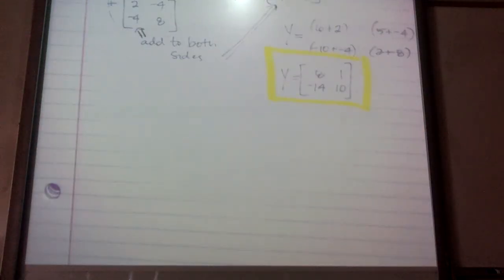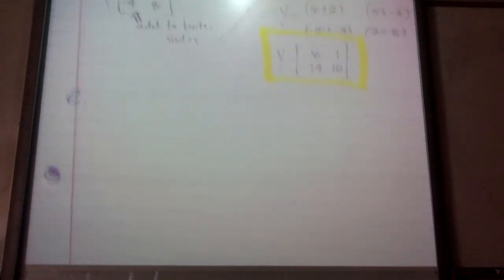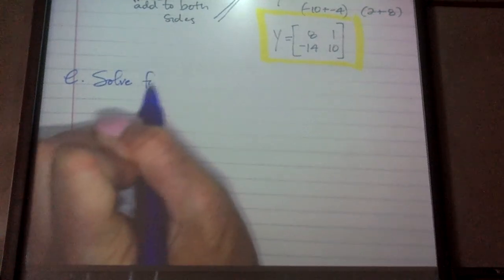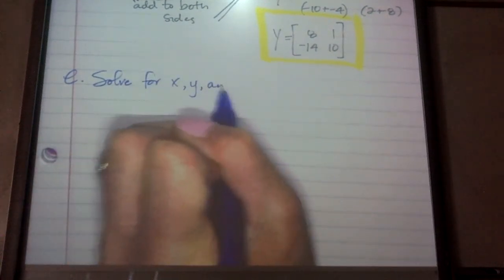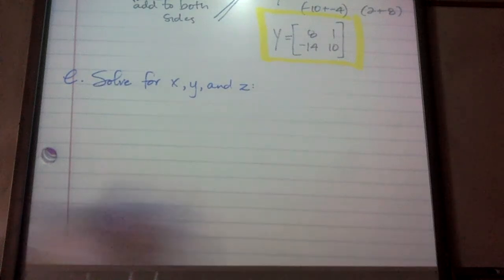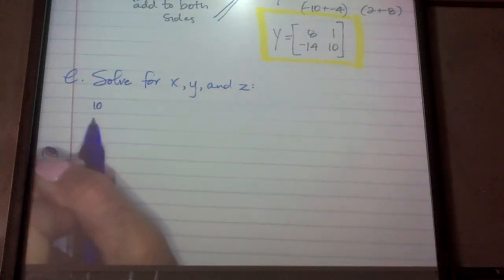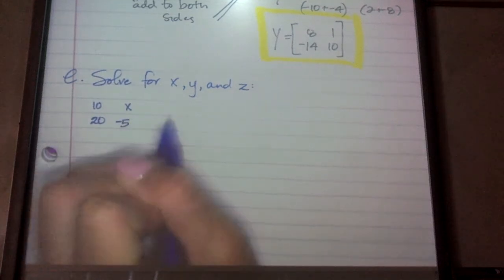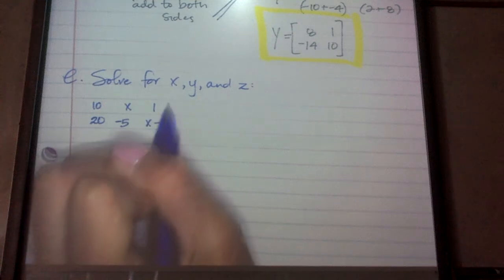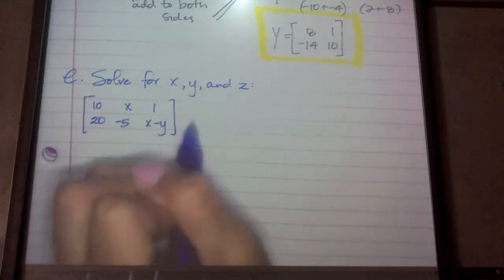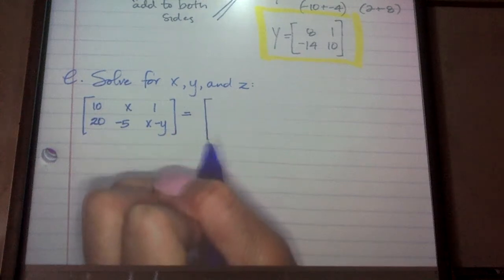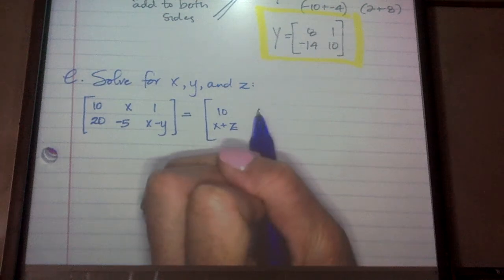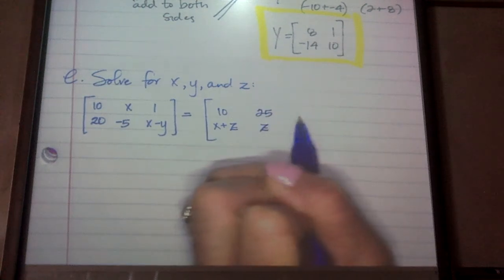All right, last one, because we're going to skip F, is E. Now there's a lot of these. Pretty confident you can do these. Solve for x, y, and z. And that's why I'm only going to do one of these, because you guys are pretty smart. I'm going to write the problem down. 10, 20, x, negative 5, 1, x minus y equals 10, x plus z, 25, z, and 1, and 18.